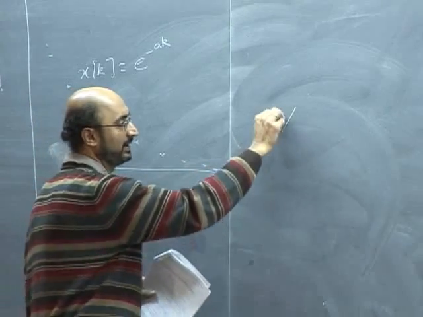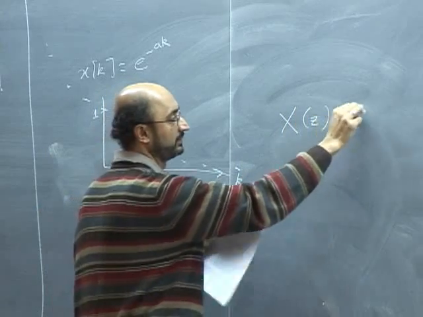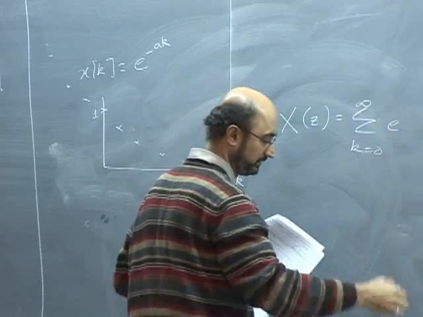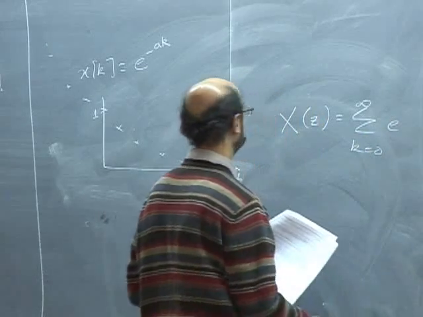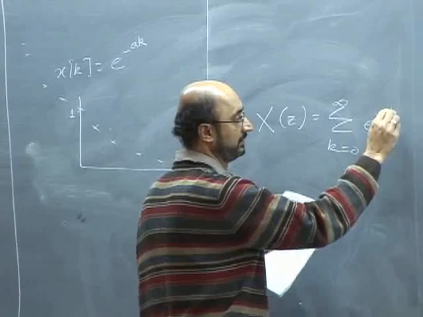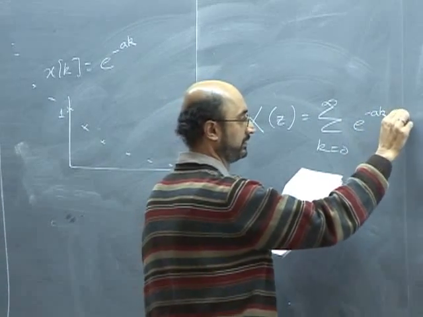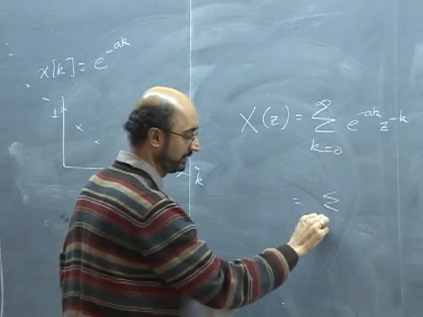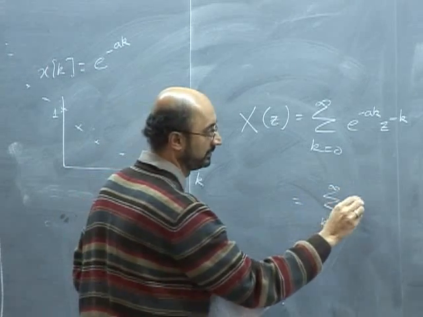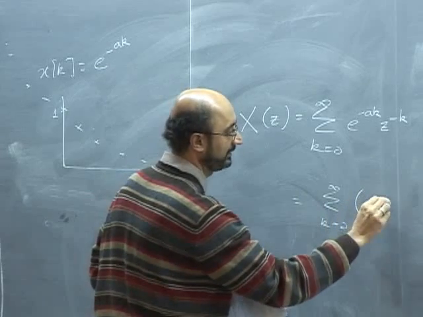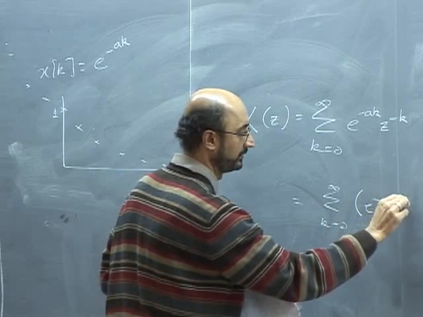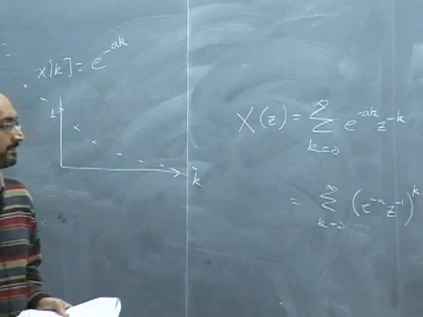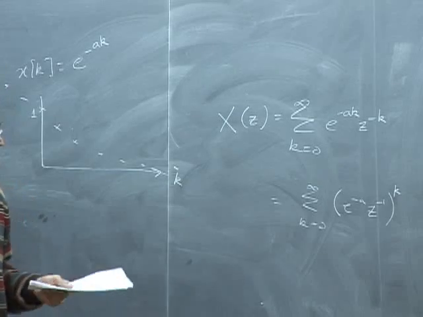Well, by definition, we have X(z) as the sum from k equals 0 to infinity of e to the minus ak times z to the minus k. This can be written as the sum from k equals 0 to infinity of (e to the minus a z inverse) to the k, because that's the way exponentials work.